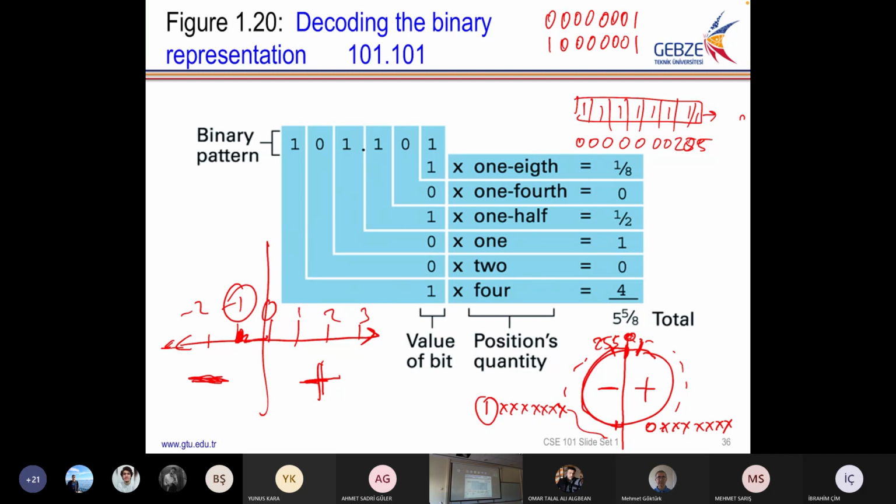So the people invented a notation called 2's complement. 2's complement notation says it's here, so -1 is actually 1, 1, 1, 1, 1, 1, 1, 1.